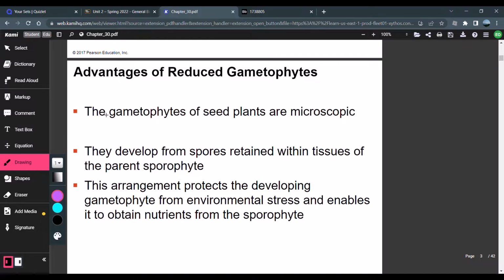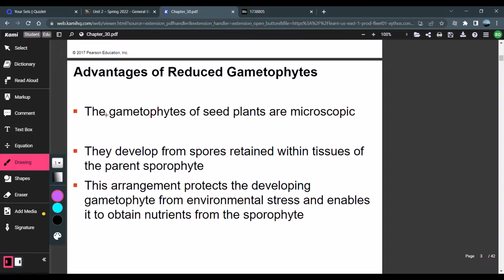So, the advantages of reduced gametophytes. Like we said, the gametophytes are microscopic, and they develop from the spores retained within the tissues of the parent sporophyte. The gametophyte is also protected and obtains nutrients from the sporophyte.